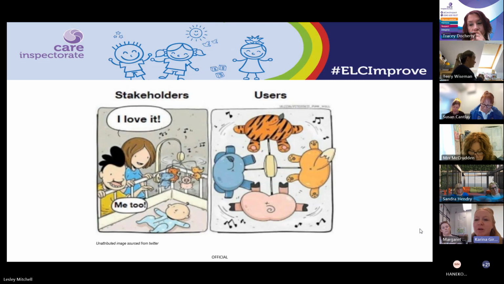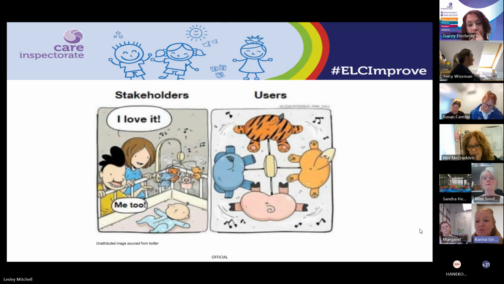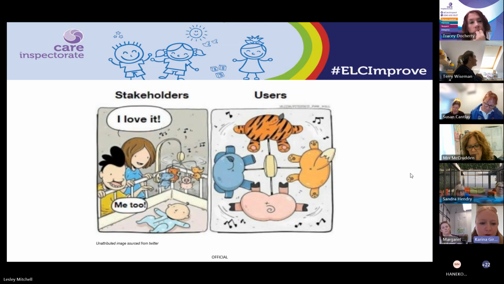So you need to make sure that your questions for children are age and stage appropriate. You need to make sure that your questions for families are clear for them to understand, and then also for your staff. So you might need to look at the different questions and how you're consulting with all your stakeholders.